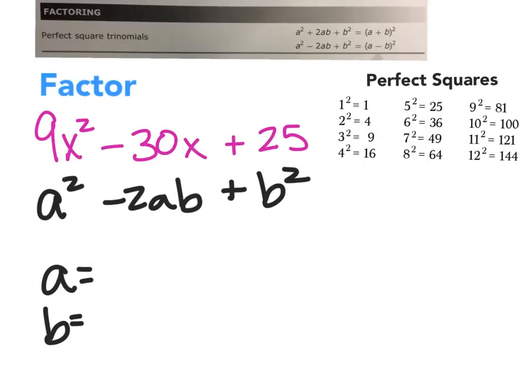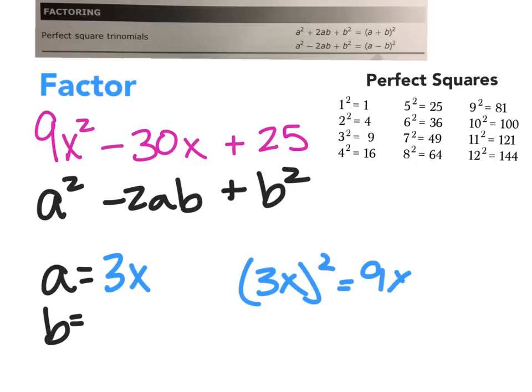So I need to figure out what is a and what is b equal. To find a, I have to think, what got squared to give me 9x squared? Well, that would be 3x. And that's just because (3x) squared is equal to 9x squared, which was given as that a squared. Now, on this back side, that's a little bit easier.